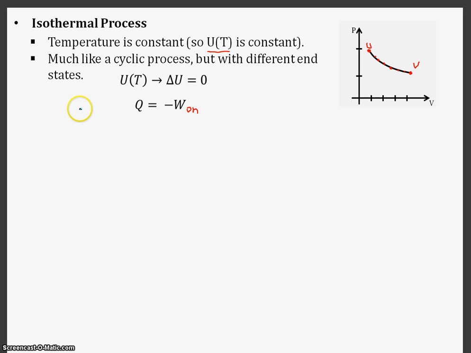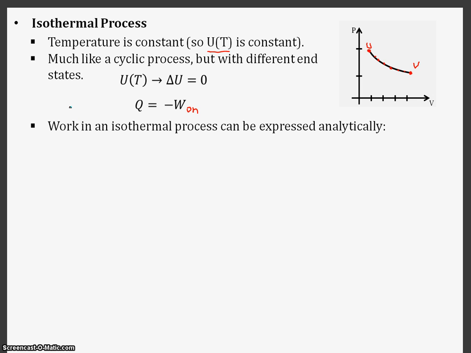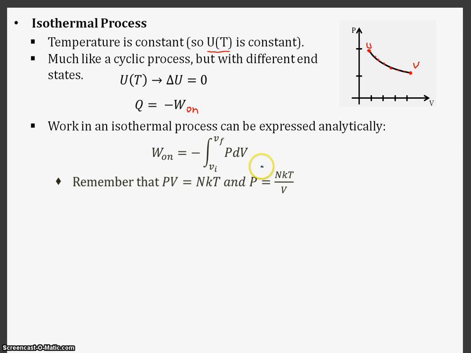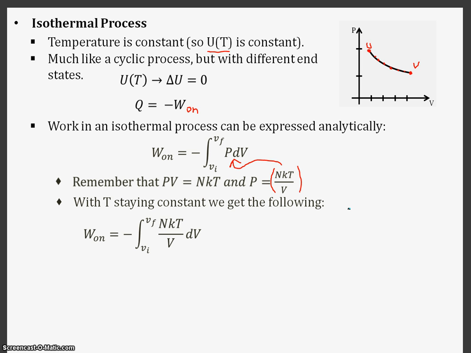The neat thing about an isothermal process and what makes it useful is you can do the work integral analytically, because you can figure out what P is. Okay, remember PV is NKT, and the nice thing is that means P is NKT over V, and what we can do is take that and plug it in for P, and we end up with this integral here.